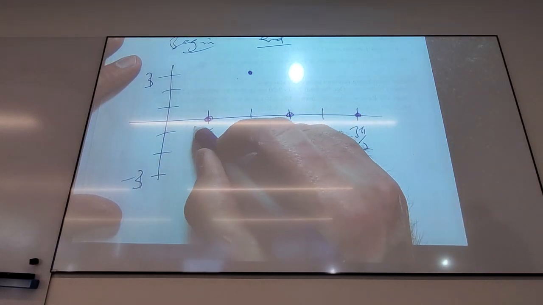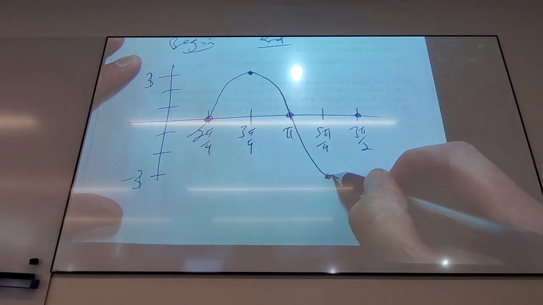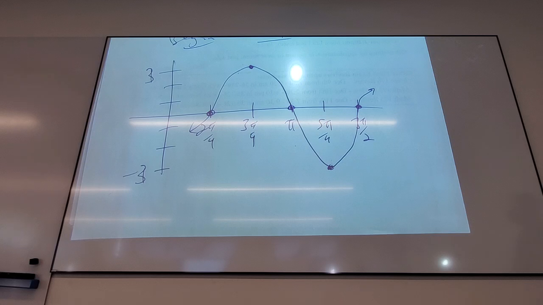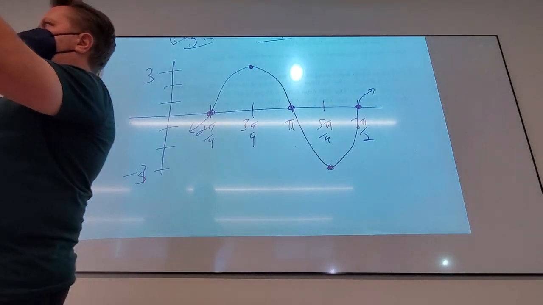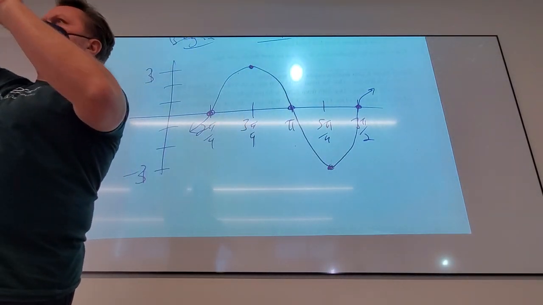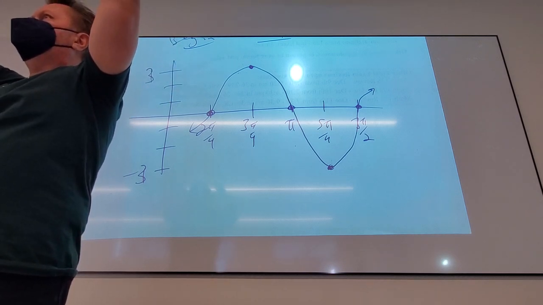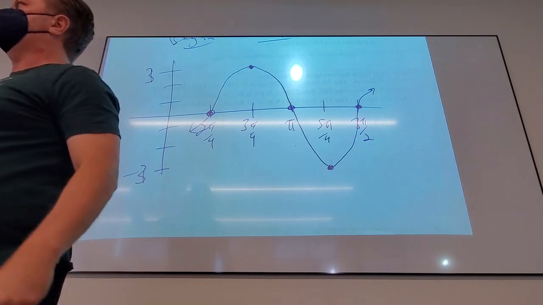So it comes in, goes up, down, up. I desperately want it to make sense that if you know the steps, you know what happens at each step. So there's a lot of work that goes into this, but if you do all the work, when you get to the graph, it's relatively easy.